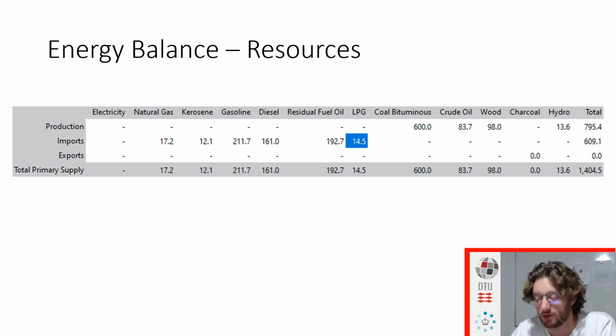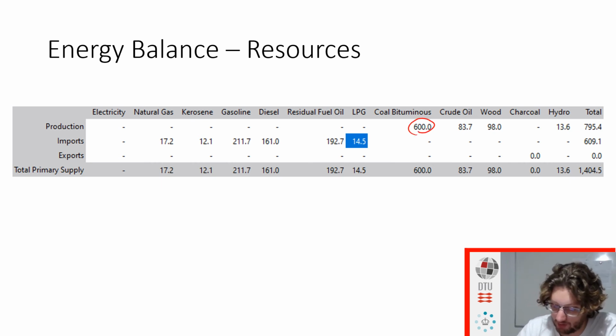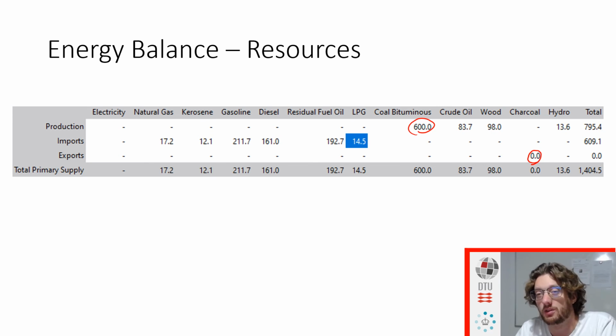If you go on, we get something very simple: we just have production, imports, and exports, no minus numbers. We have some places where we do produce. In this case, we have quite a lot of imports, and only a marginal export, it seems. That's probably a surplus product, but it's so small it doesn't really matter. Again, kind of a rounding error. 0.0 means there is technically something, but it might be in the power of minus 11, I think, so it really doesn't matter.